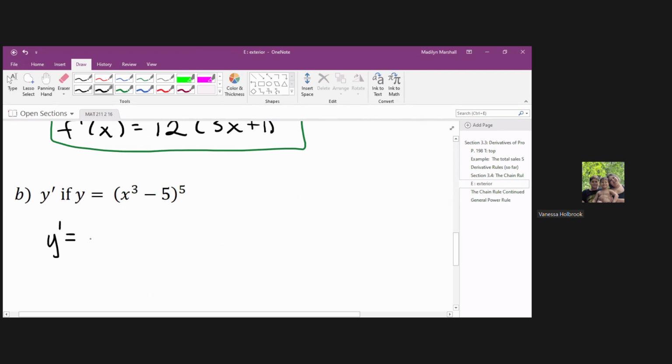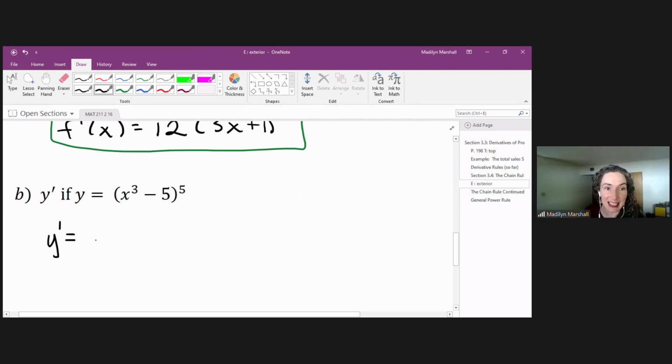Right, exactly. That's going to be the outside. So the derivative of the exterior is just using the power rule to bring that 5 down and lower the power by 1, giving 5 times the something to the 4th power. The inside part is staying exactly the same for now.